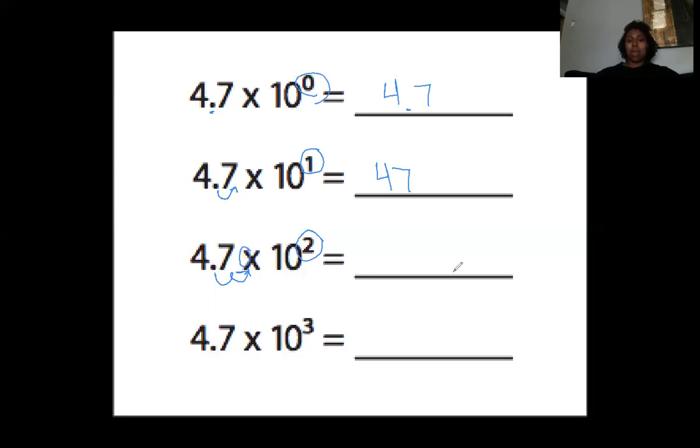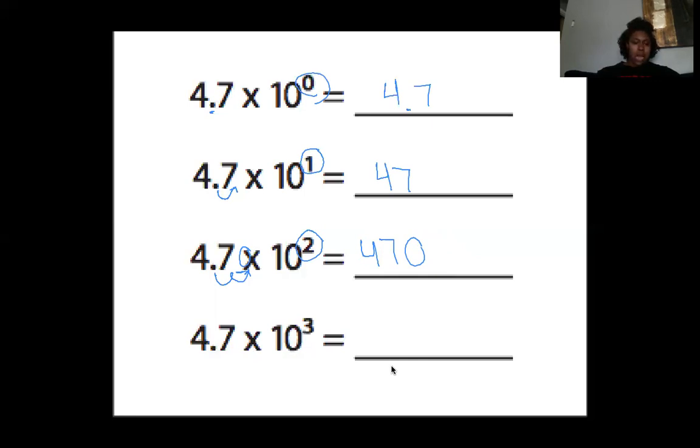We need a place maker 0. That means over here, it's going to be 4. Oh, sorry, that's the 7. 470, okay? And I could place my decimal point right there, because this is a whole number, but we know that whole numbers don't need them. So I'm just going to erase it because they're usually invisible on whole numbers.